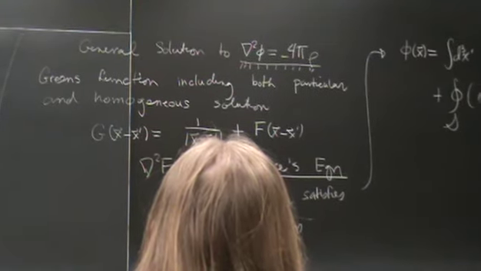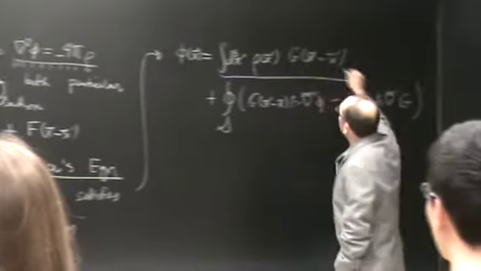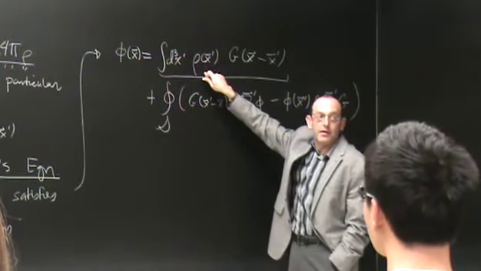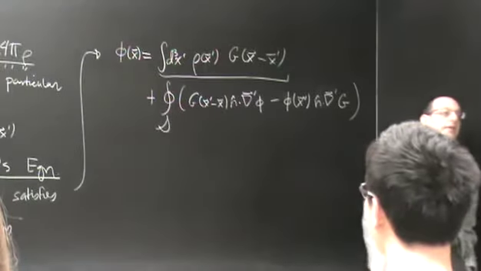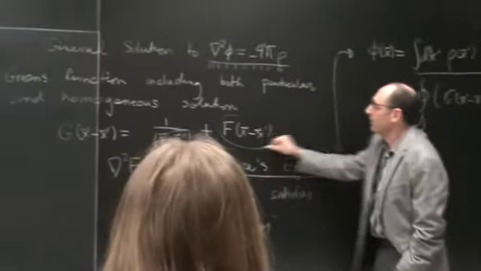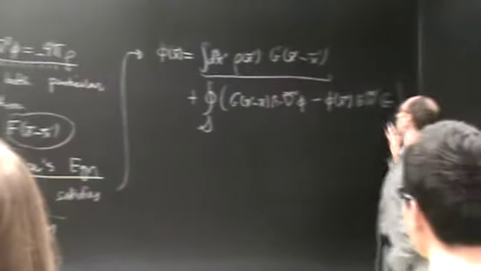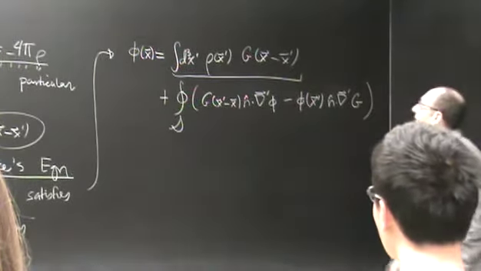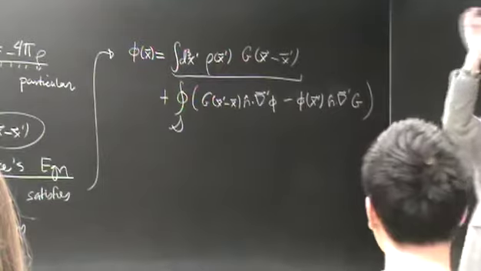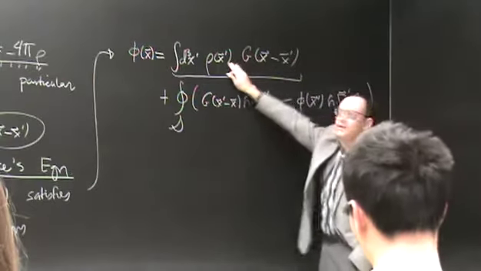So the general solution, formally speaking, is of this form, involving the convolution of the source, if there are free charges other than the ones that are part of the conductor, with this Green's function, and that function F will depend on the geometry of the boundaries, and then generally a surface term. Okay, and if we have no sources, we only have the potentials and surface charges on the conductors, and this term is 0.